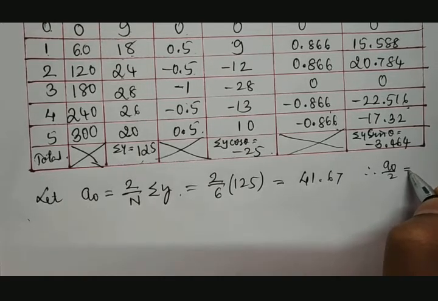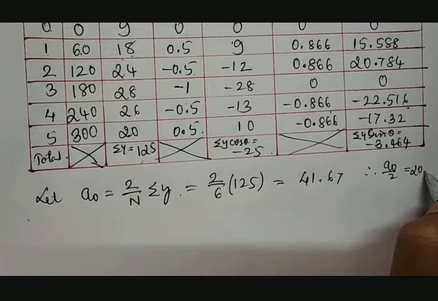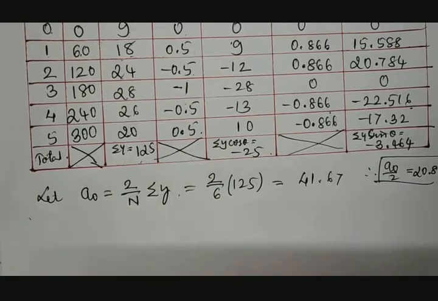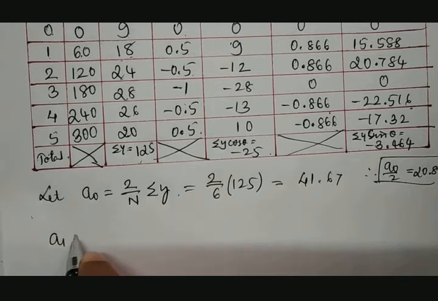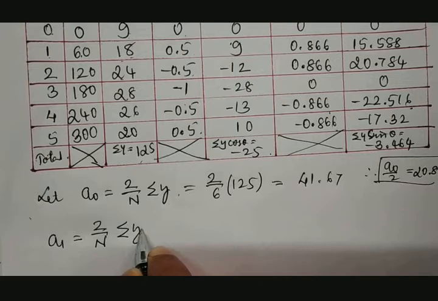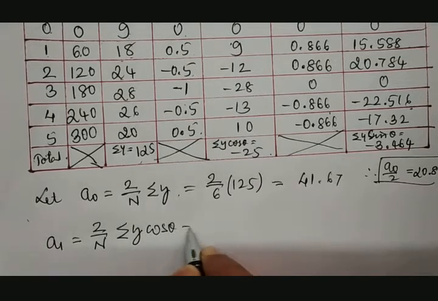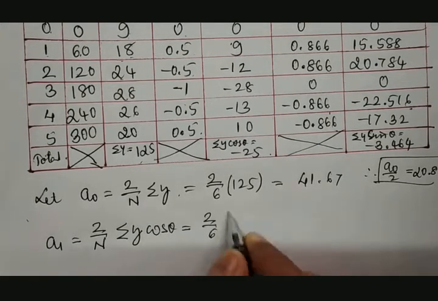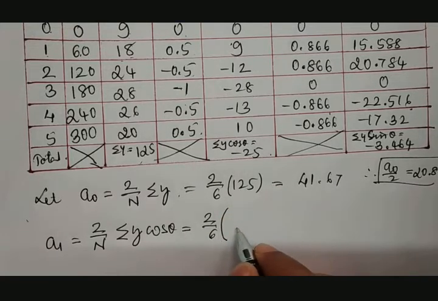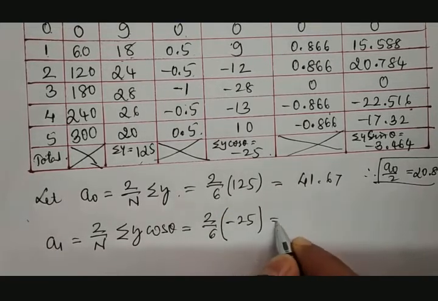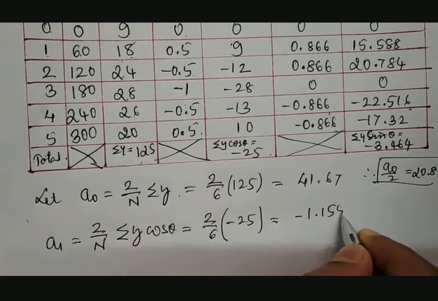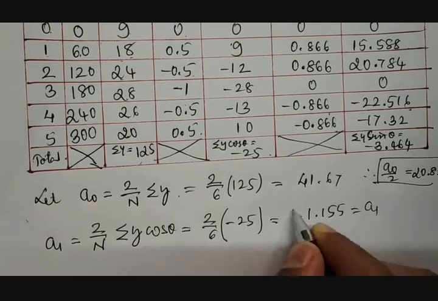Therefore, a naught by 2 is equal to 20.835. Now a1 is equal to 2 divided by n into summation of y into cos theta. That is 2 divided by 6 into minus 25, which is equal to minus 1.155. This is a1.